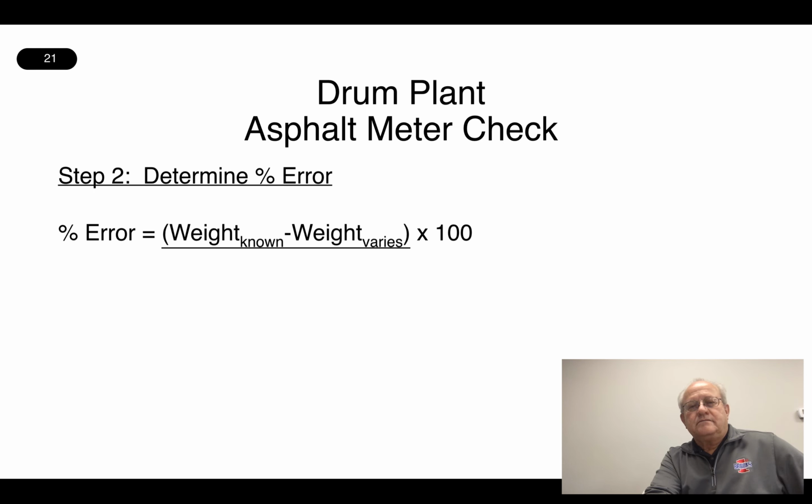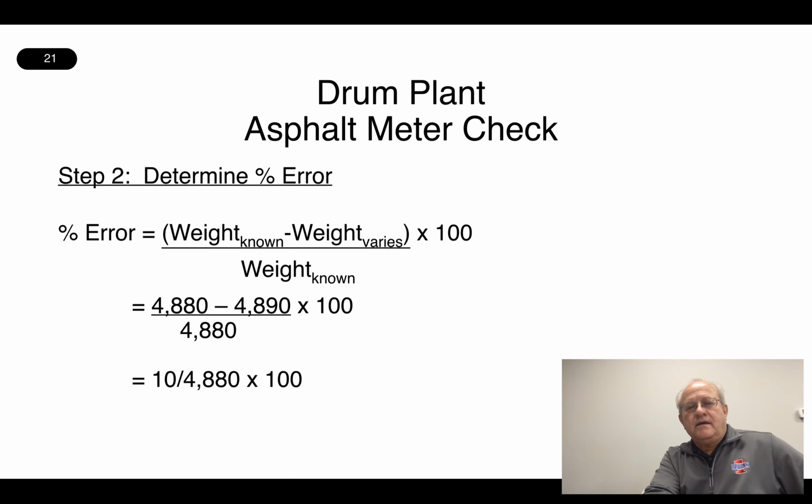Known weight minus the variable weight, or the computer weight, divided by the known weight: 10-pound error divided by 4,880 pounds calculates out to a 0.2% error. Right on the money.